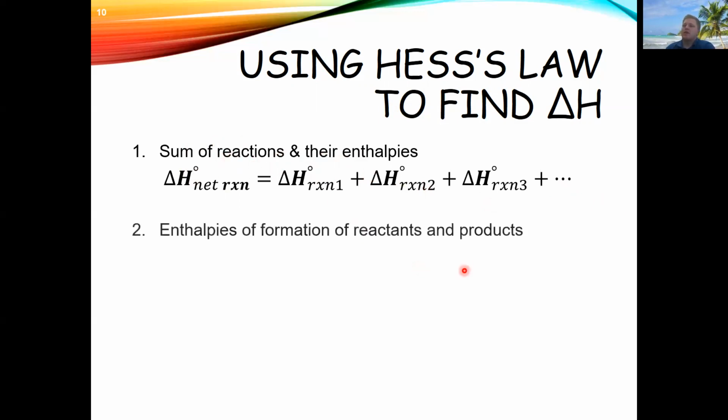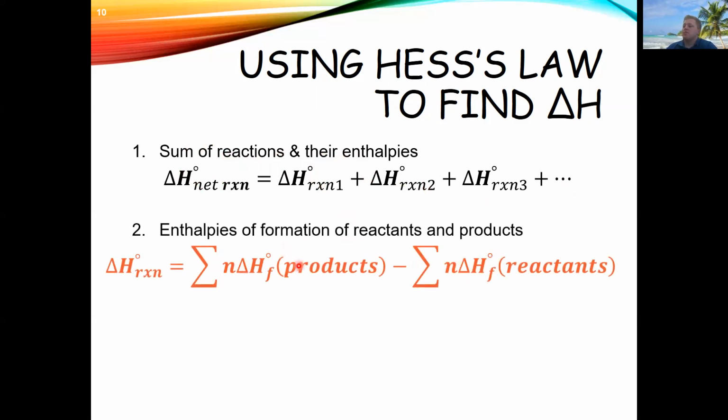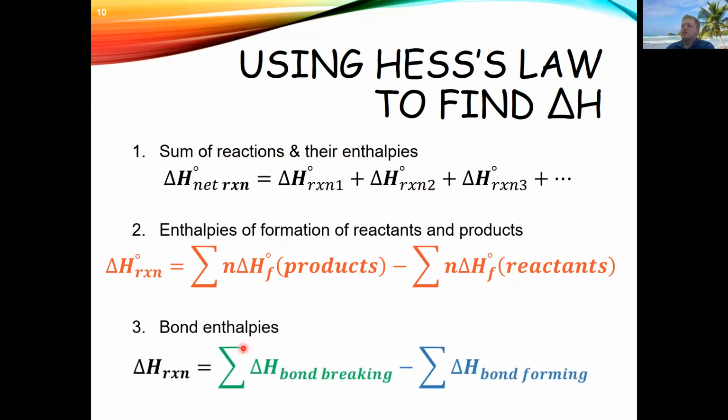The second way we talked about was summing up the delta H of formation for your products and subtracting the sum of the delta H of formations for your reactants. And then the way we talked about today was summing up the delta H of your bonds being broken and subtracting the sum of the delta H of the bonds being formed.